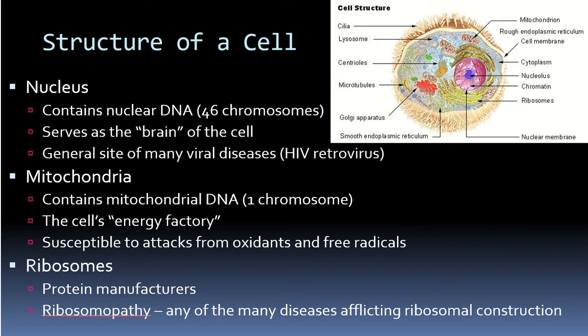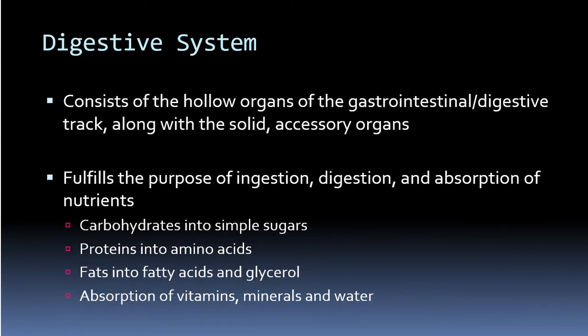But we're now going to get into the digestive system. And the digestive system consists of two main types of organs. The first type are the hollow organs, which are essentially the organs that food will travel through. But there are also going to be solid organs, which will act as accessories to the hollow organs of the digestive system.